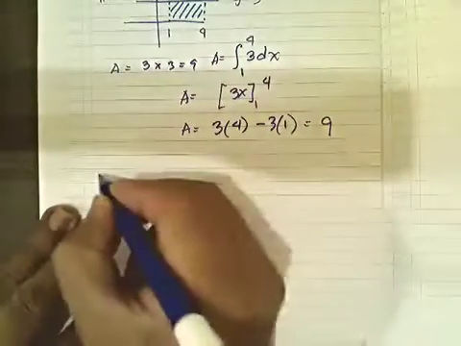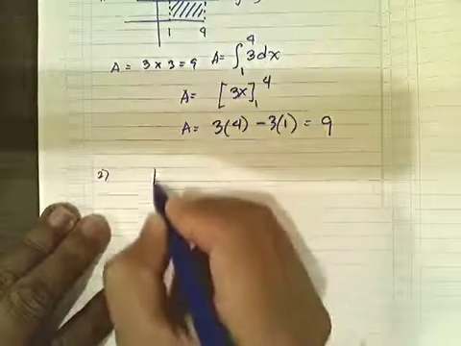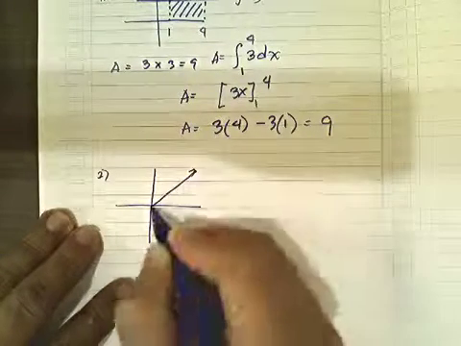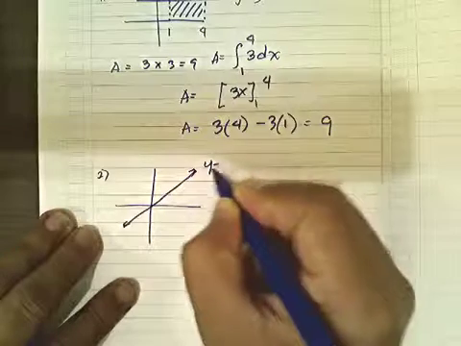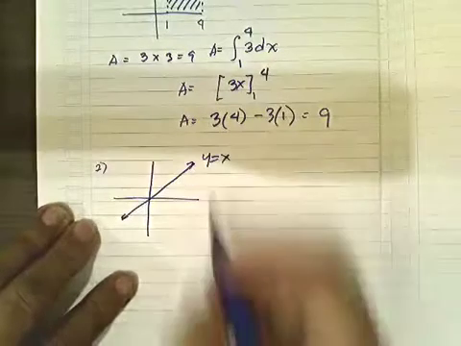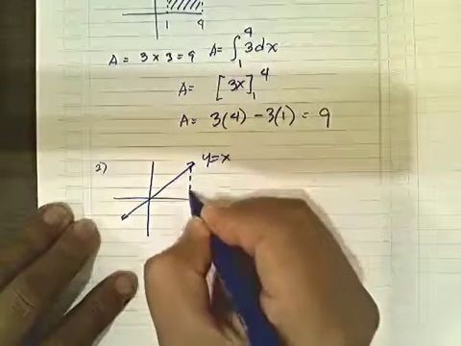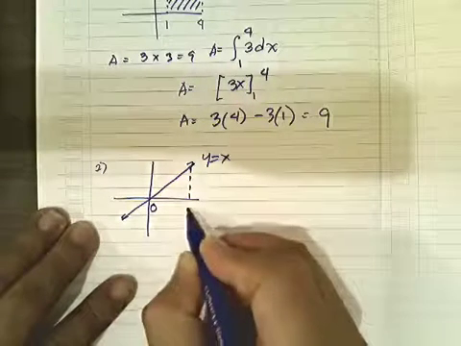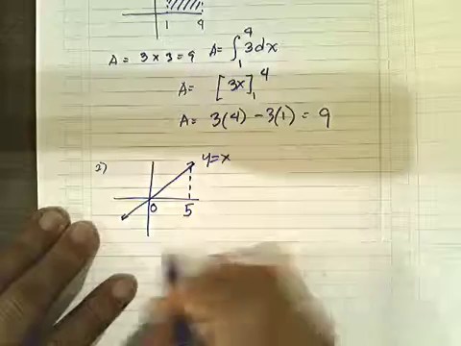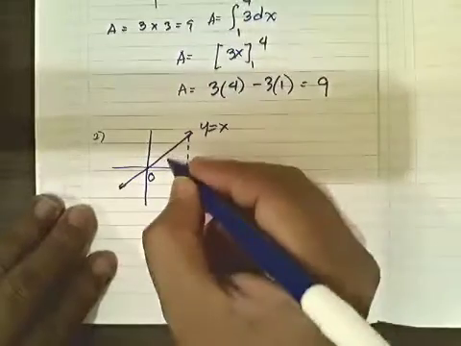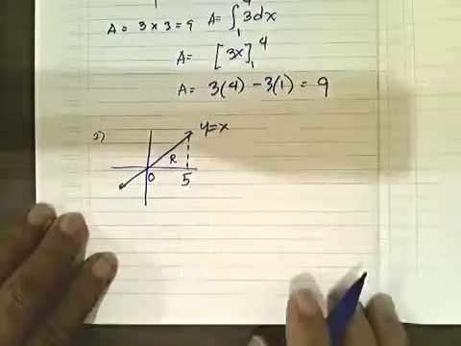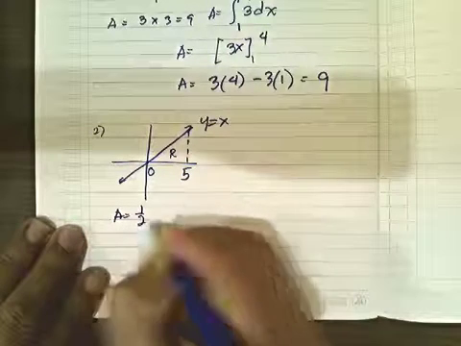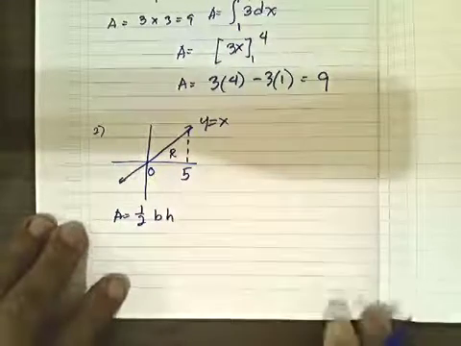Let's say, for example, I have the second example. I have my Cartesian plane. And let's say that this is my line. Y is equal to x. And let's say that I would like to find the area from 0 to, let's say, 5. So we know that the area of this shaded region, the area of that region R, is equal to 1/2 the base times the height.